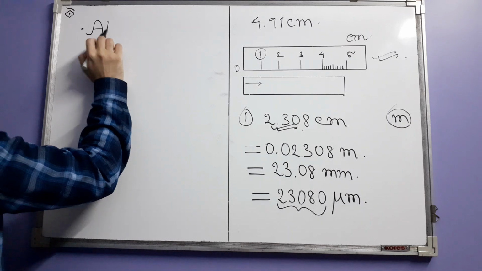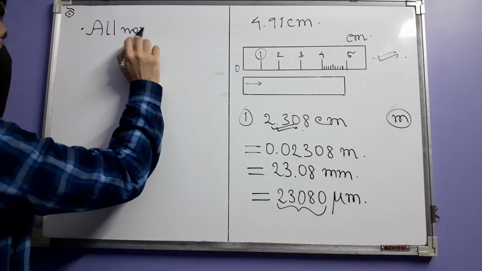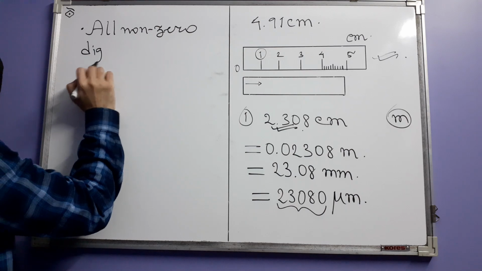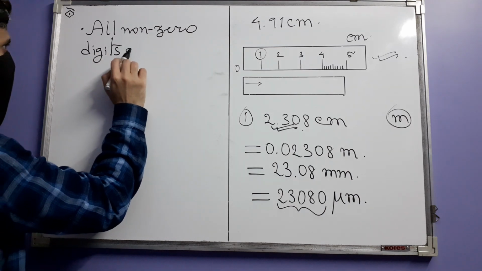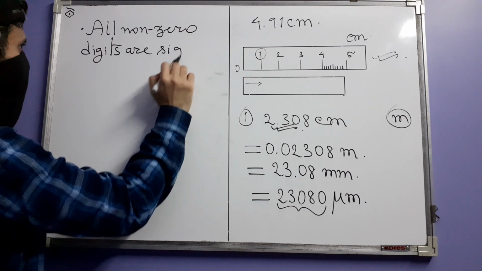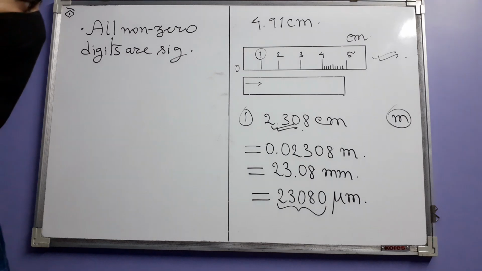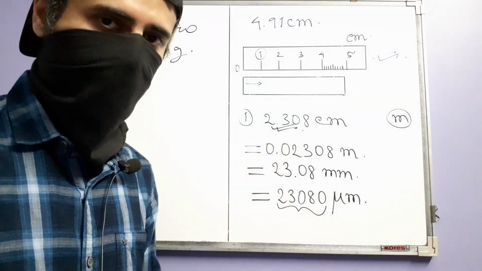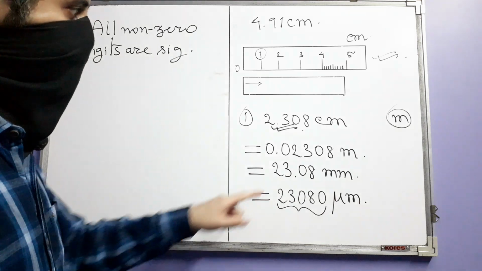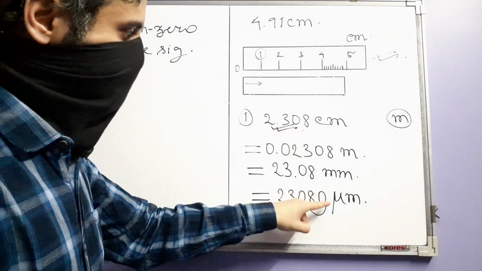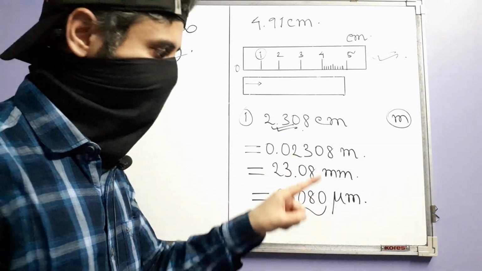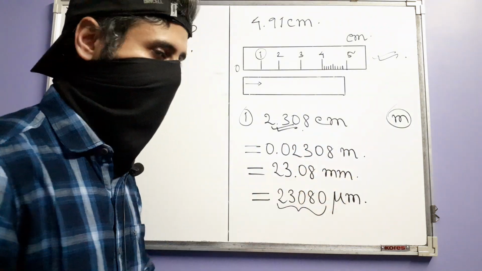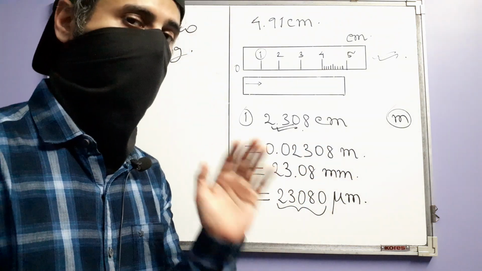All non-zero digits are significant. Let me write SIG. This seems like a reasonable rule to make. Why? Because we are working with SI units, the factors by which we have to multiply to change from one unit to another are all powers of 10.